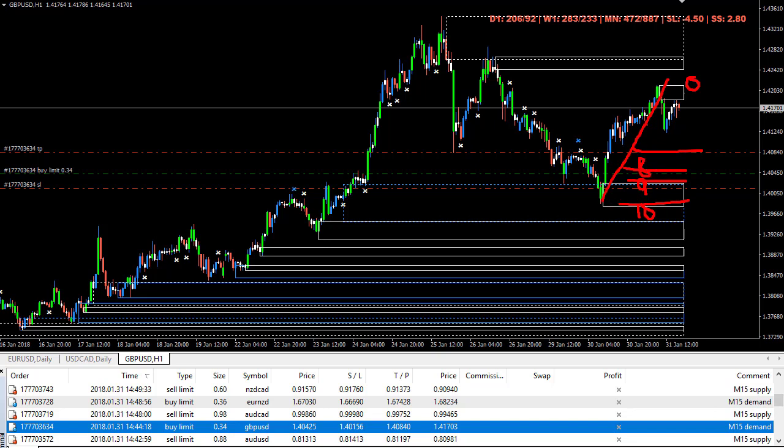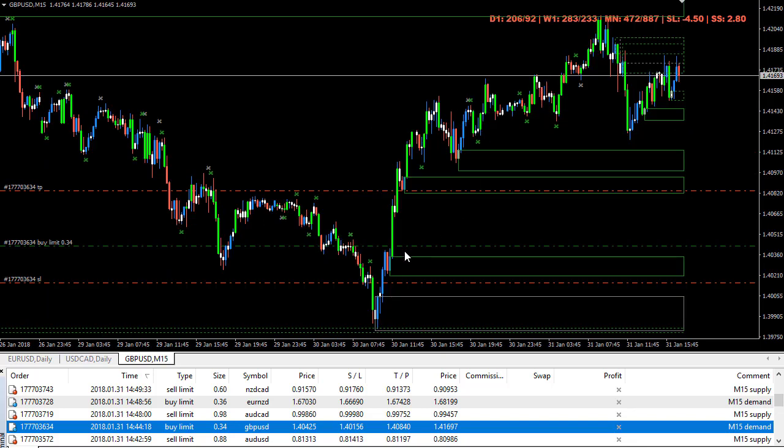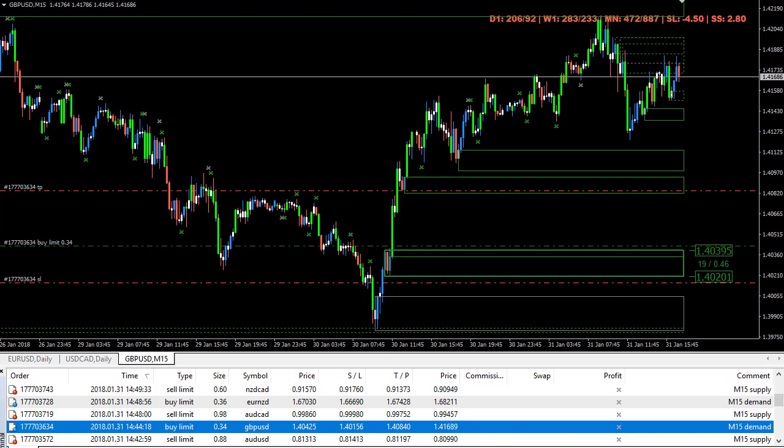And the reason I like the 8 is because you can see here it says 15-minute demand. The reason I like it is because you can see this gorgeous pattern just here. This is very nice right there. I love that. So this is a really, really delicious pattern. Surprise.